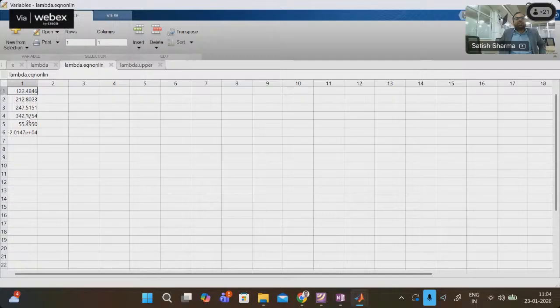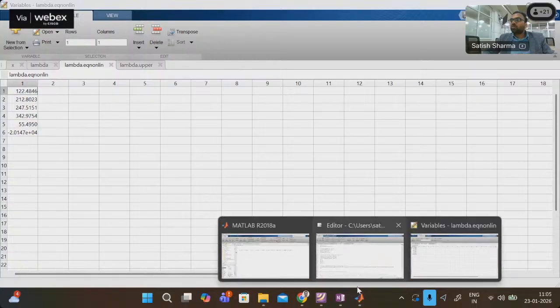We have not considered any losses, we have not provided any transmission constraints, but still the lambdas are coming different. We understood that lambdas should come equal if there are no losses and no congestion, but it is coming different.